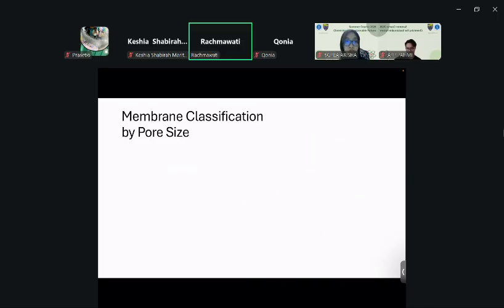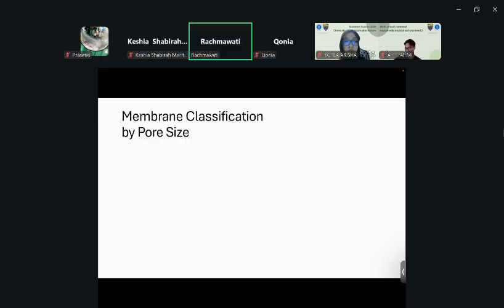And there's also membrane classification by pore size, and this is very important because the idea of using a membrane is because we know that a membrane has a typical pore size. We call that MWCO, the molecular weight cutoff.